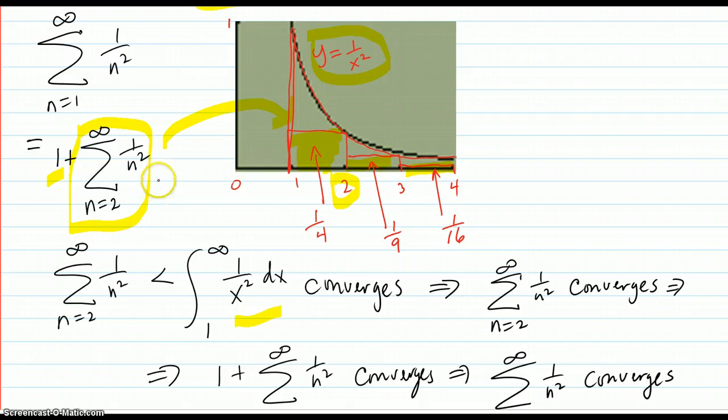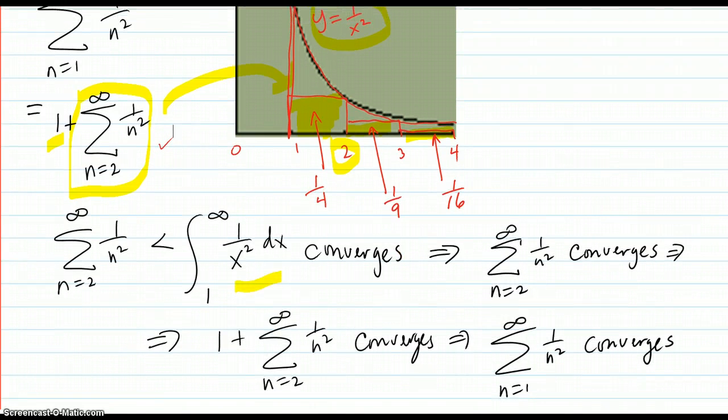So this series starting at n equals 2, represented by those rectangle areas, is less than the integral from 1 to infinity of 1 over x squared dx, which converges because it's the 1 over x to the p type, where p is greater than 1, so it converges.